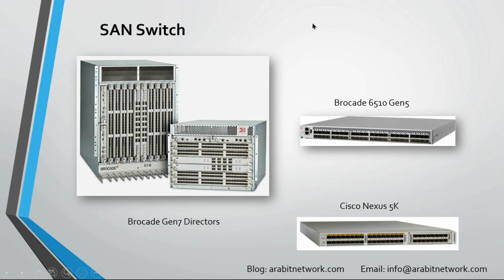The most famous companies that produce SAN switches are Brocade and Cisco. Cisco has the Nexus 5K, for example, and I think they have other models as well. This is not really a recent model, but it's what you could buy these days.